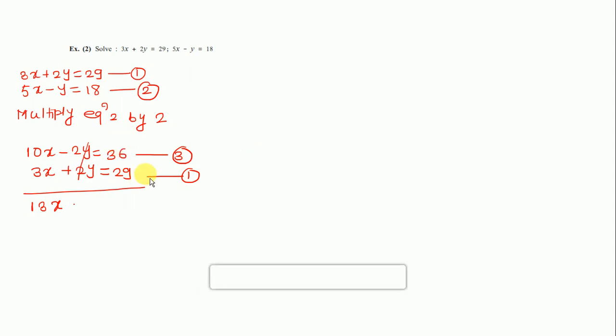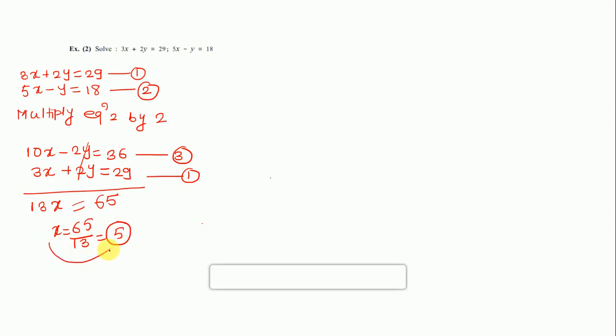By adding these equations, what will we get? 10x plus 3x, that is 13x, and minus 2y plus 2y will get cancelled, and 36 plus 29, that is 65. Okay, so here you can calculate the value of x. x is equal to what? 65 upon 13, that is 5.